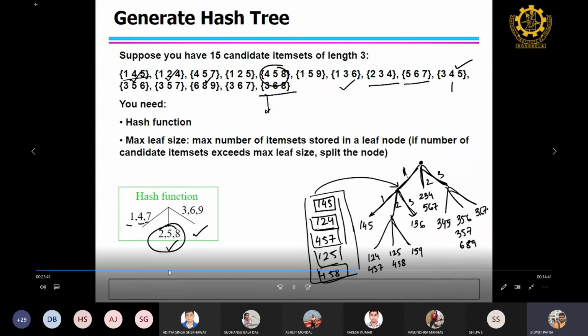Then 3, 6, 8. So 3 is here, then 6 on the rightmost side, and then 3, 6, 8. So all 15 candidate item sets are placed using the hash structure. This can be seen here.